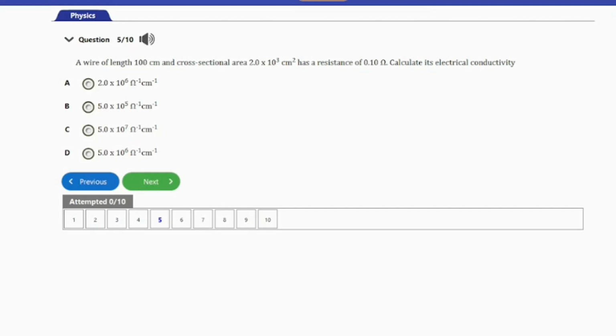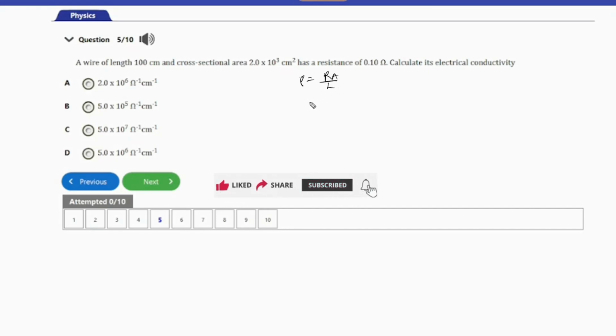So guys, actually conductivity is 1 over resistivity. So we are just simply going to calculate the resistivity, and then from there we can get the conductivity. So resistivity here, like we know, will be rho is equal to R A over L.